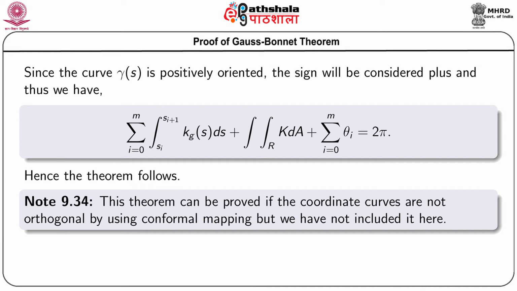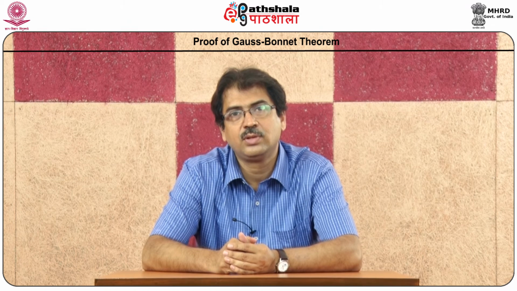Now, this theorem can be proved if the coordinate curves are not orthogonal by using conformal mapping, but we have not included it here. Just now we have seen the proof of Gauss-Bonnet theorem.